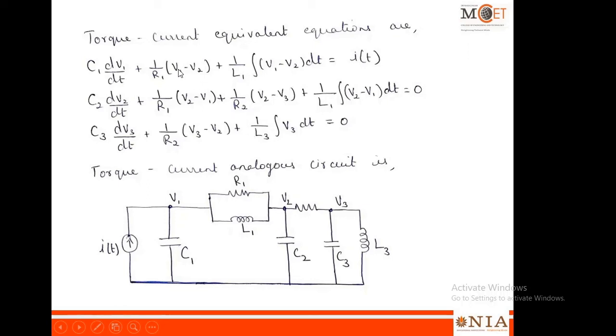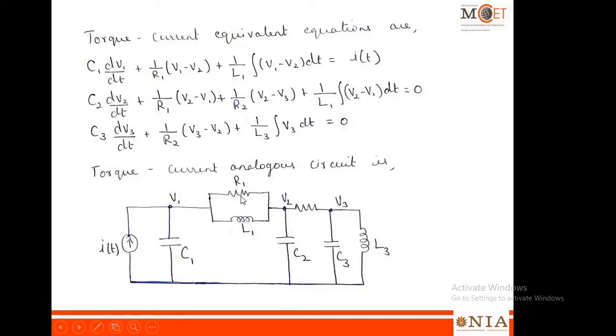So there are three voltages, V1, V2 and V3. So select three nodes, 1, 2, 3. Elements which are common between node 1 and node 2, that is V1 and V2, should be shared like this. You can see here between 1 and 2 there is a resistor. Between 1 and 2 there is an inductor L1.